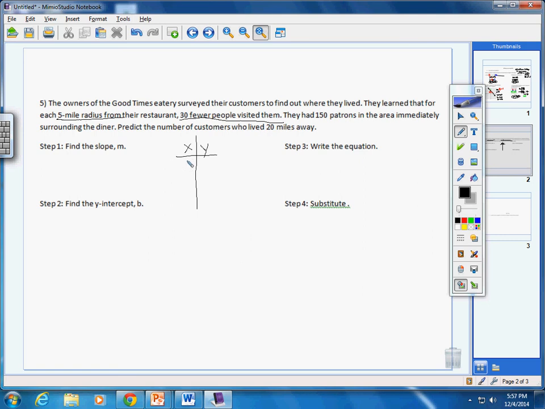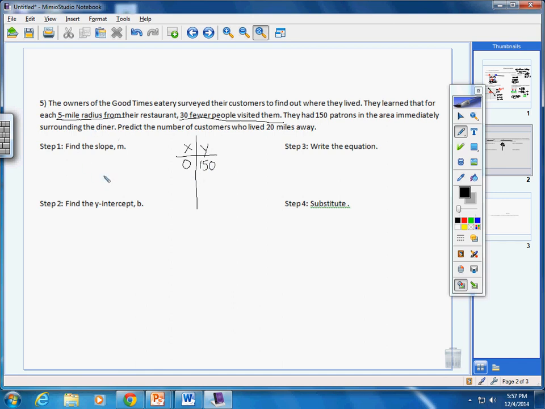So our first ordered pair is going to be (0, 150). 0 is the first batch of people who live within 5 miles of the restaurant, and 150 is the number of people who live within that radius.